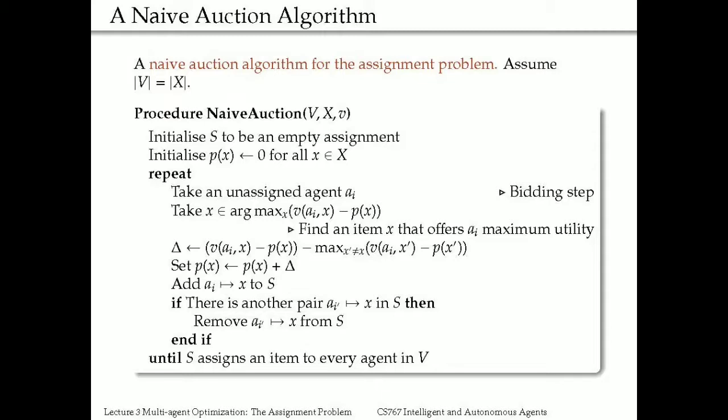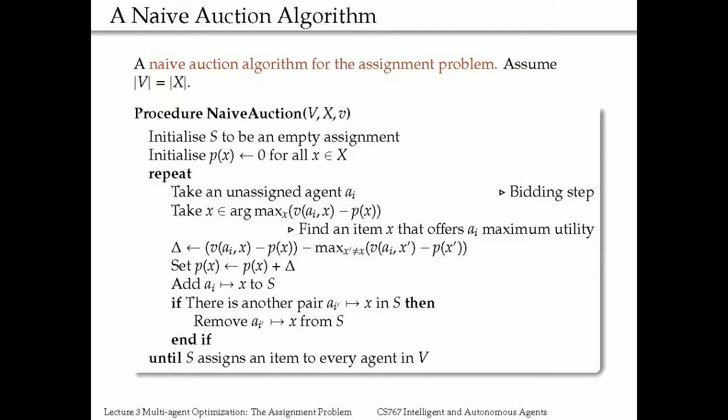That's our delta, the price increase we want to impose on item X. Then we add delta to the price of X, which means agent i has sent out this bid for item X, and therefore acquires this item through S. So we add the assignment from i to X to the solution S.